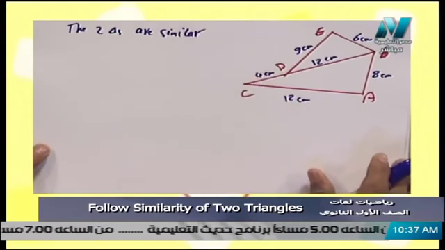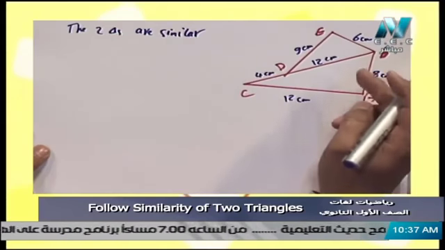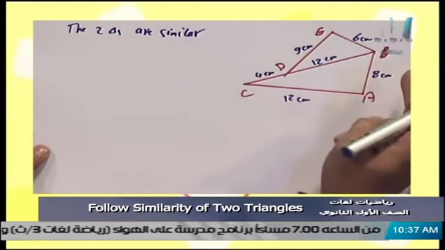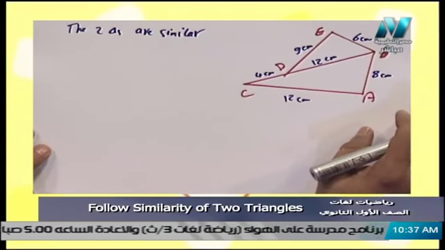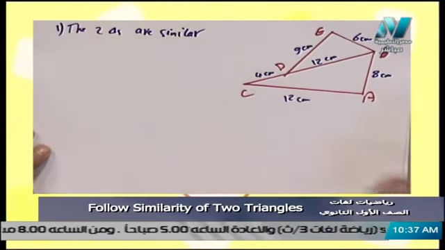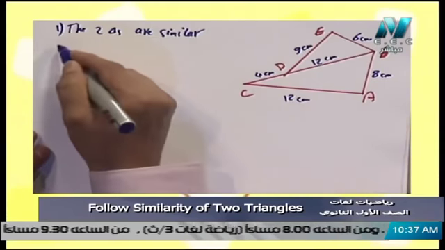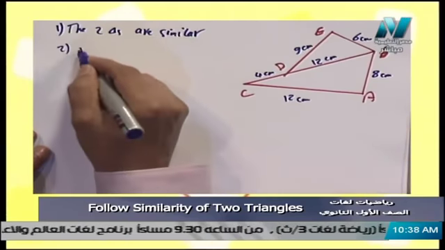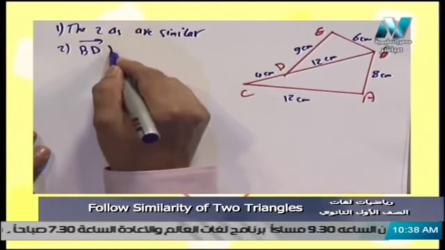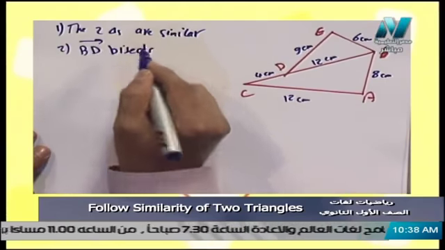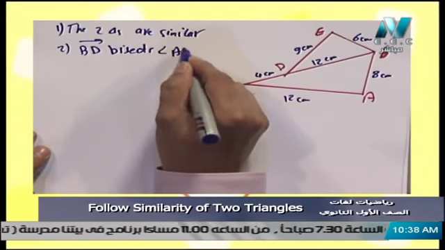Unfortunately, he didn't tell me the arrangement of these triangles, and inshallah, we're going to prove it easily. The second request is to prove that the ray BD bisects the angle ABE.